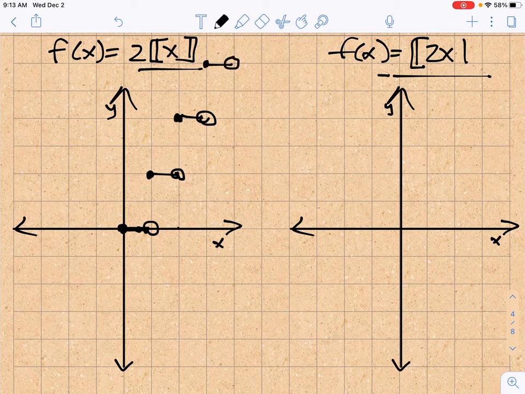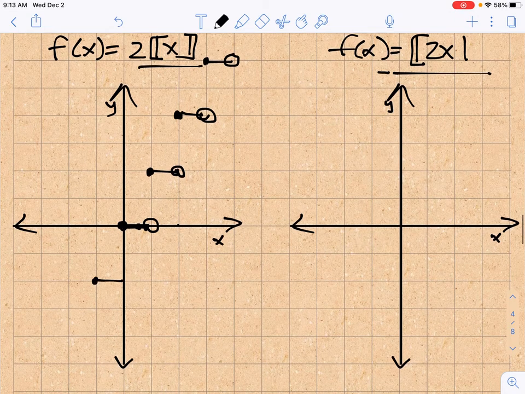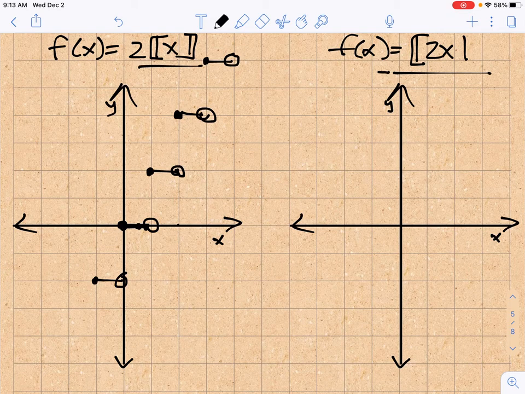And then something I want to talk about really quick is they're going to ask you about your domain and your range on these. And when you do domain and range, it's just what values can you put in. And in all of these, your domain up to this point has been x, and this is the set builder notation. And then it's just all real numbers, right?